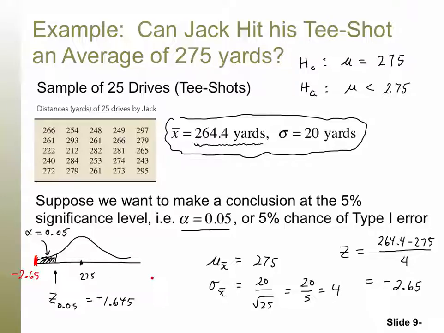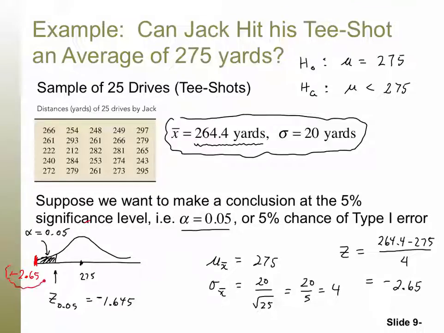For a 5% significance level, the z-score is negative 1.645. That's our breakpoint for rejecting or not rejecting the null. And where does his sample come out? Way below that, about 2.5 standard deviations below 275.